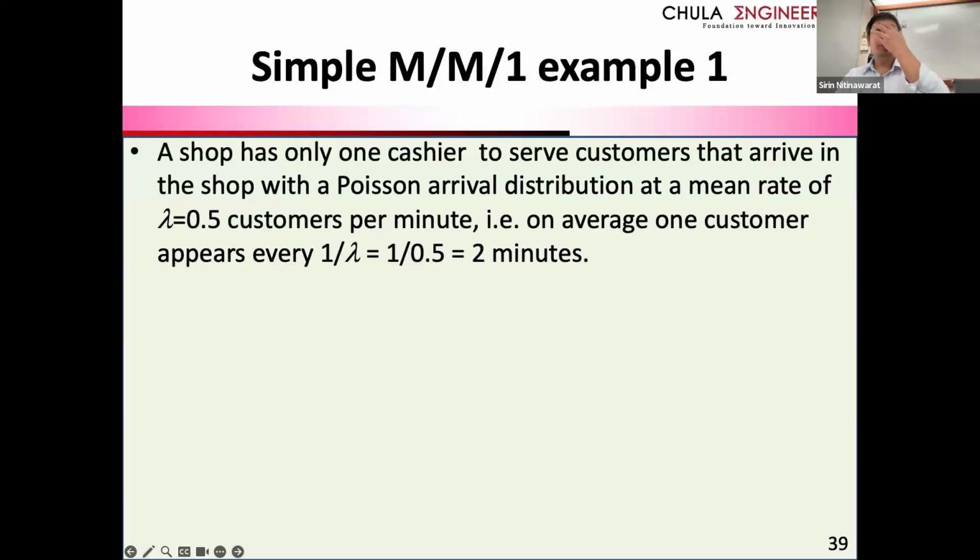Okay, let's conclude the MM1 queuing system with a concrete example, representing a barber shop, let's say, with one cashier serving customers. Lambda is a half customer per minute. In other words, each customer arrival should take 1 over lambda, that is 2 minutes.